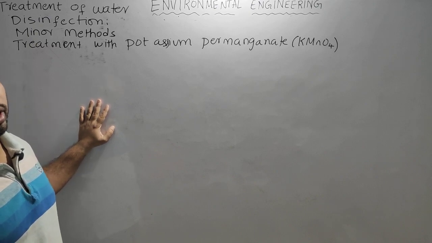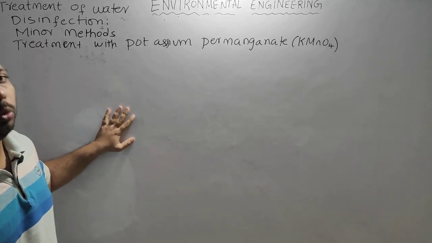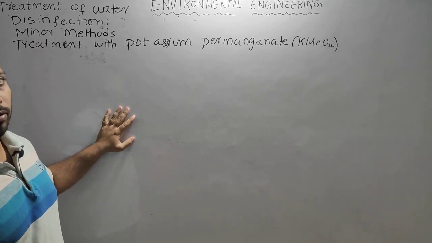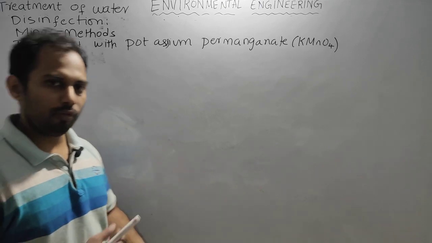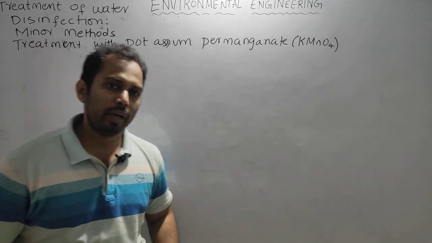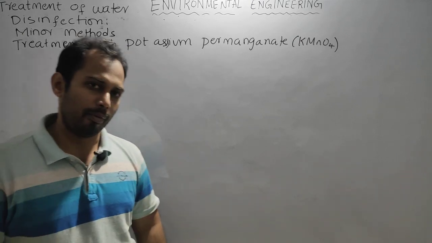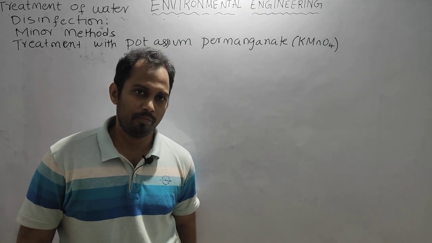That means when the pink color is coming, it is because KMnO4 residue is present. If KMnO4 residue is present, then it looks pink in color. First you have added KMnO4, which started being utilized by the water.